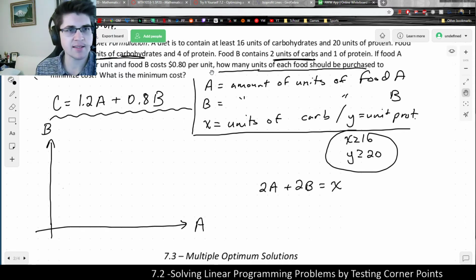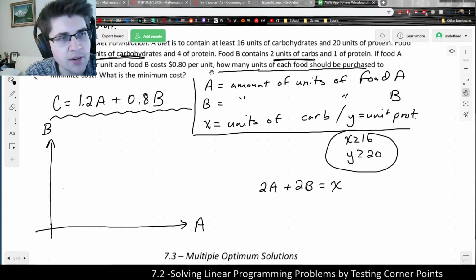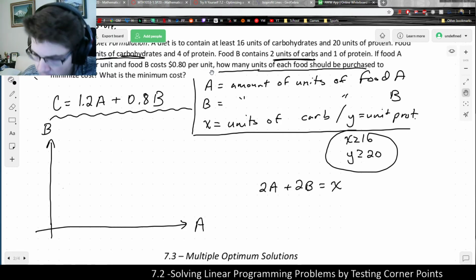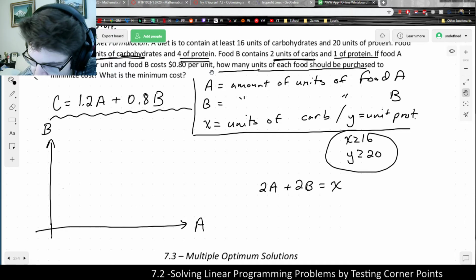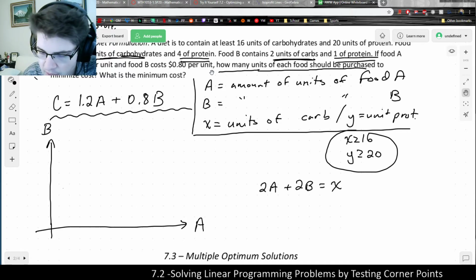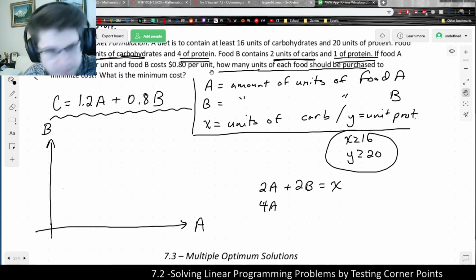Because that's what X is, how many units of carbs I need. For each unit of A, I'm going to get 2 carbs, and for each unit of B, I'm going to get 2 carbs. And then the second part is the amount of protein in each of these foods, where food A has 4 units of protein.